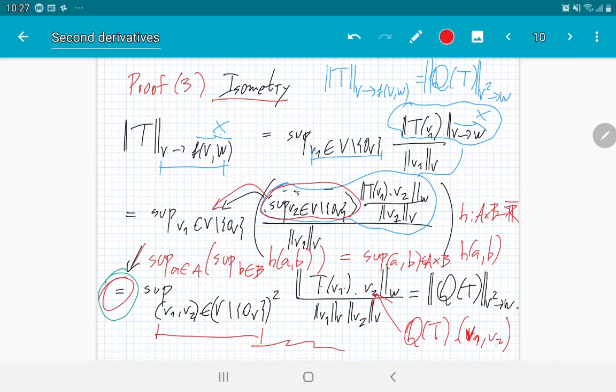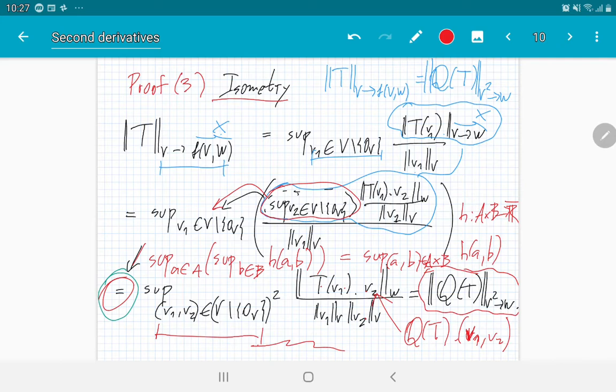Remember, Q of T is a bilinear transformation. So taking the supremum of T V1 applied to V2 divided by the product of the norms of V1 and V2 is just taking the supremum of Q of T applied to V1, V2 divided by the product of the norms, and that's the norm of the bilinear transformation Q of T.